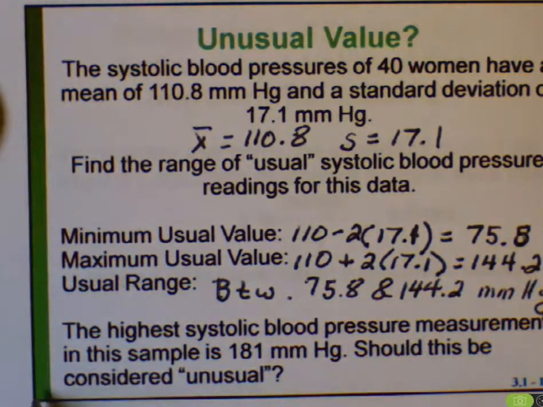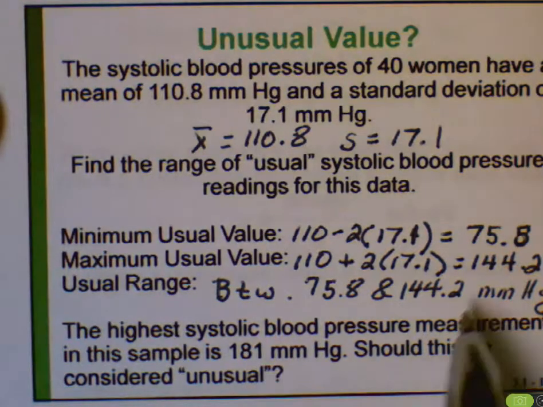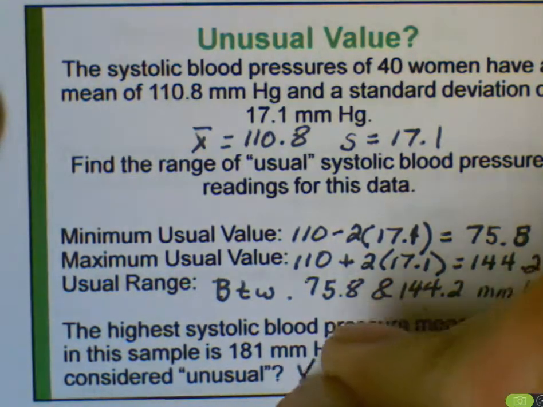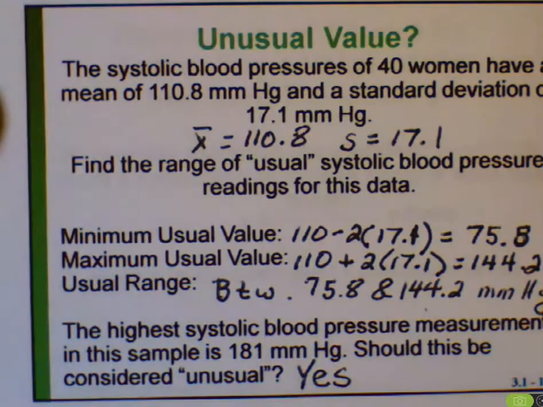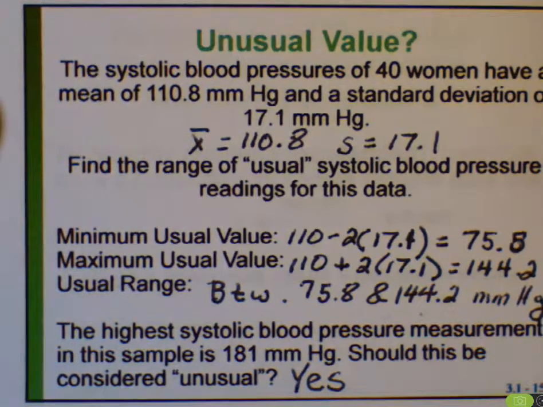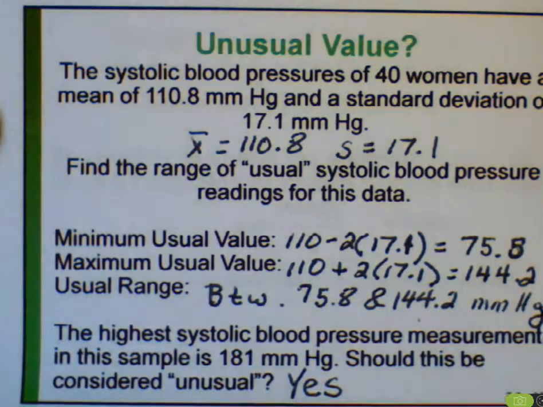So, would a woman who had a systolic blood pressure of 181 millimeters of mercury be considered unusual? She's a good bit higher than that upper limit. So, yes, that systolic blood pressure should be considered unusual. She may even need to dial 911 as we speak.